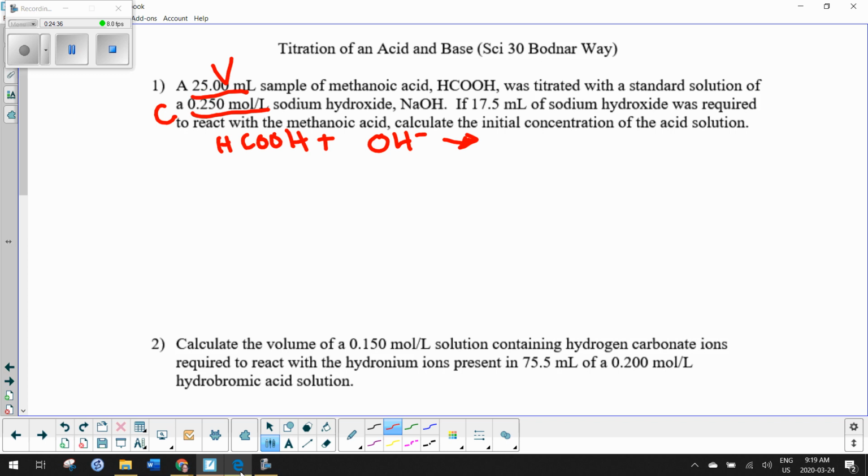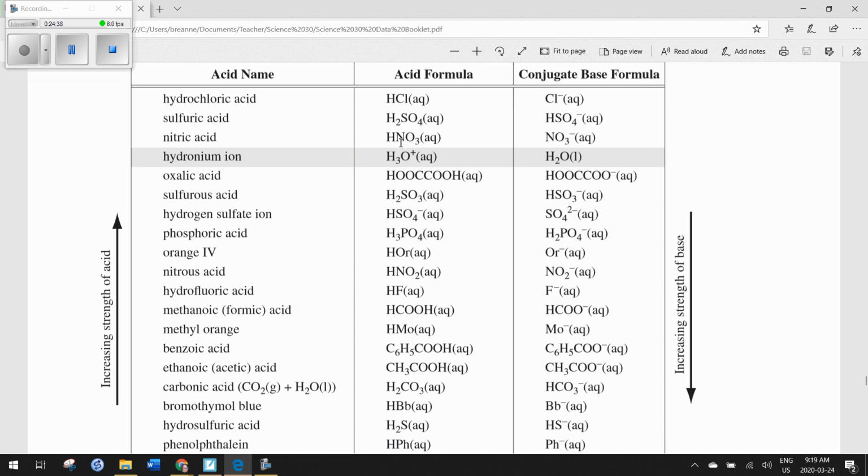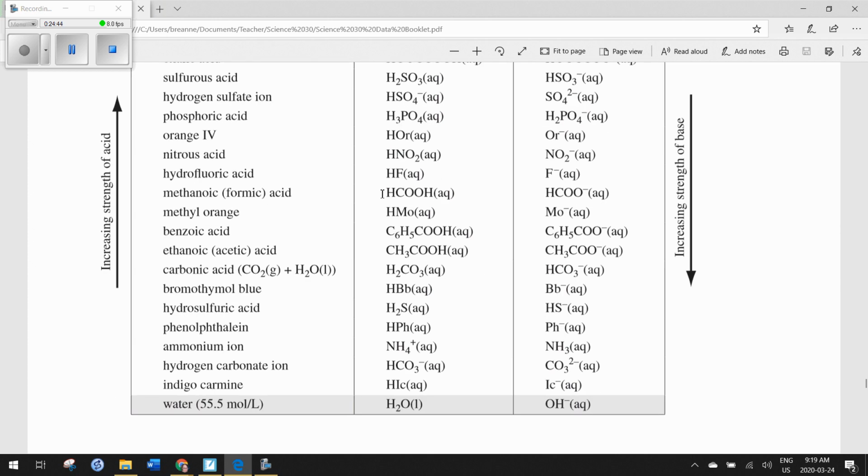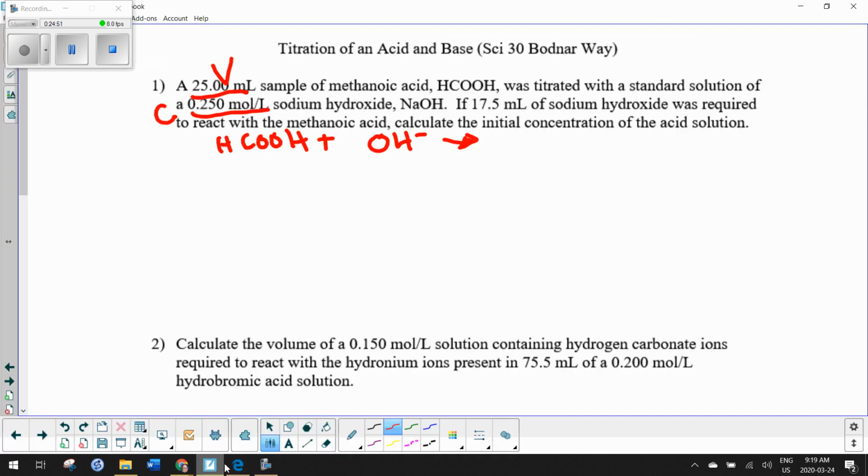So we've got to find that on here. Oh, there it is. Okay, so we have one here, and we have one way down here. So this one's higher. The higher one always acts as the acid, which means this is my acid, this is my base.